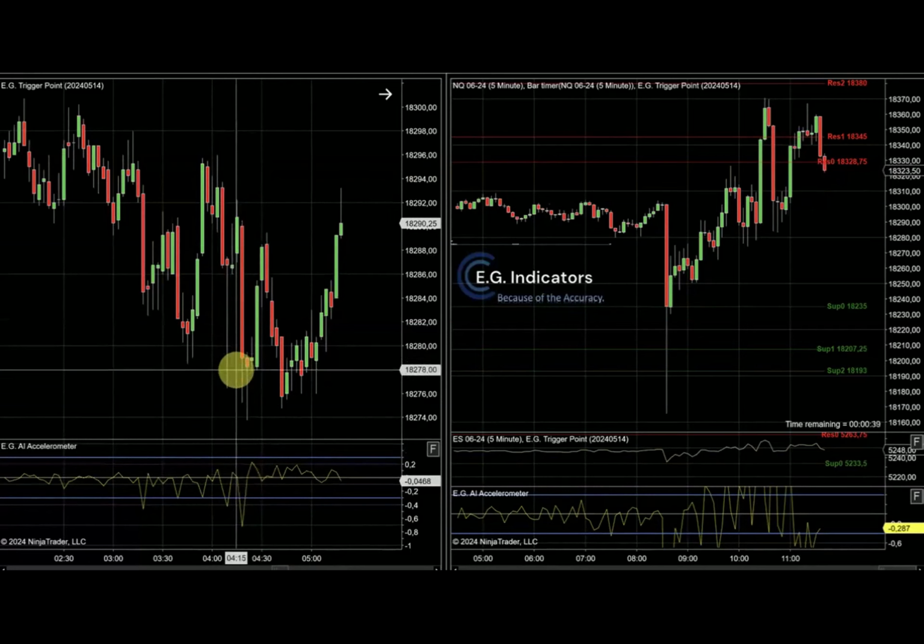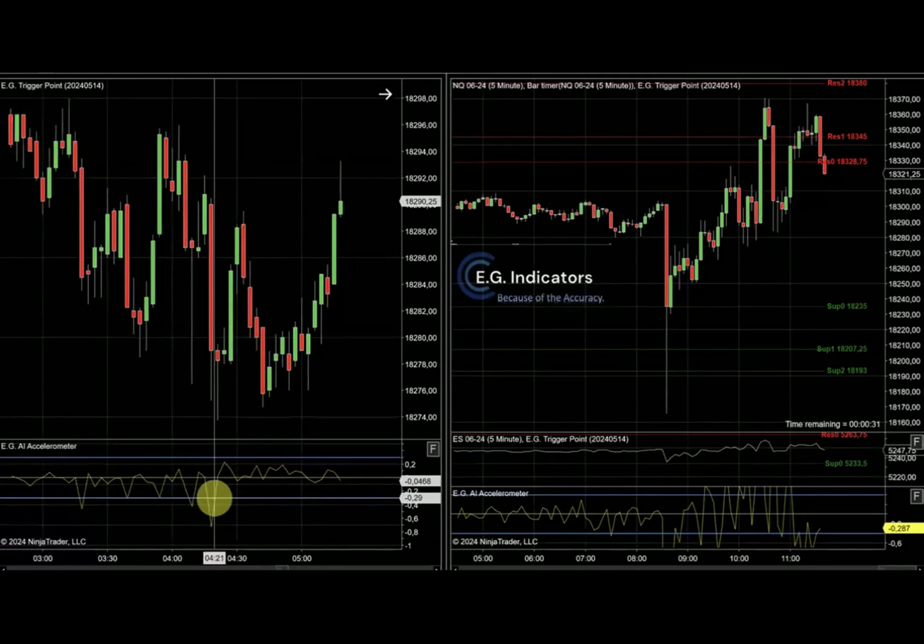So this is not an indication of entering the market, but an indication that something is going on in the market. And what can we see then? We can see another candle which is red, but with a long wick down. It suggests that there is high buying pressure here.